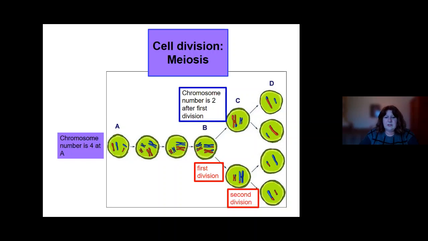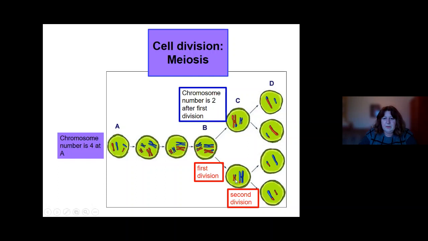The next thing that happens is there is a second division. And in this second division, the chromosomes themselves are pulled apart from each other. If we look at this cell at the bottom here that I'm pointing at, you can see that one half of the chromosome goes into this daughter cell, and the other half of the chromosome, that's mainly blue but has a little red tip, goes into this daughter cell.